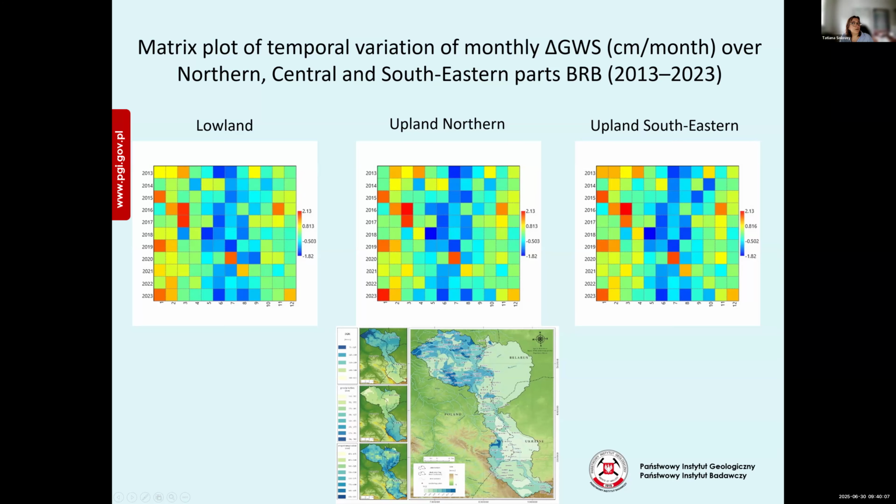The longest periods of negative groundwater storage values, lasting 6 to 8 months, occurred in 2015, 2018, and 2023, with predominantly positive groundwater storage values lasting 8 to 9 months in 2017, 2020, and 2021, which corresponded to better conditions.